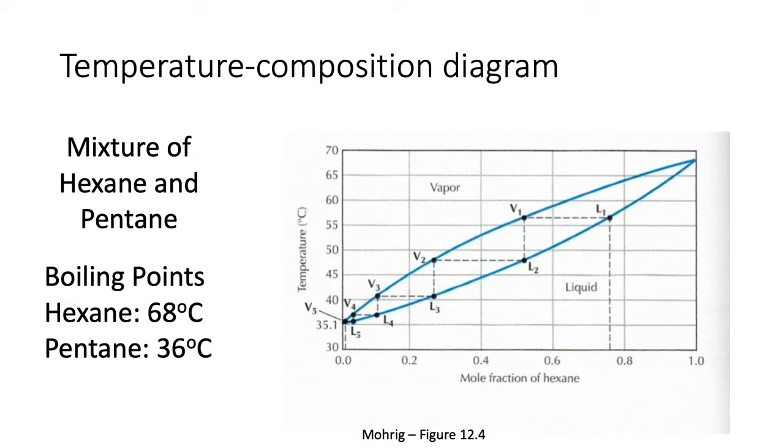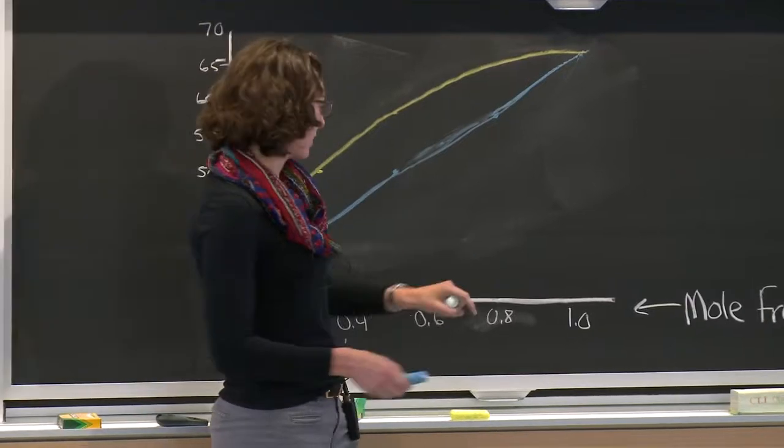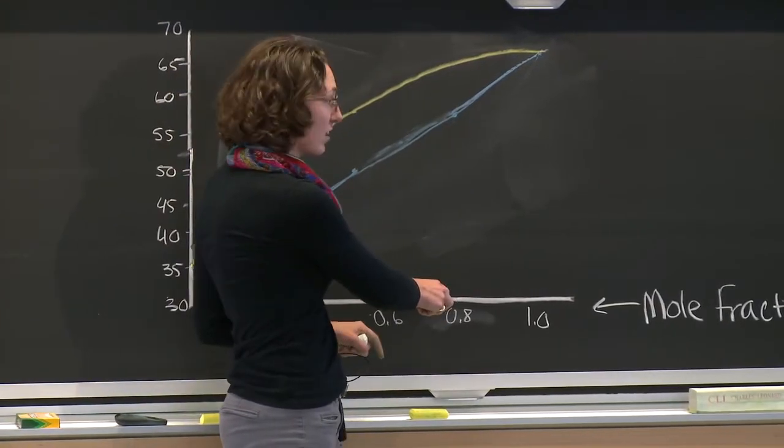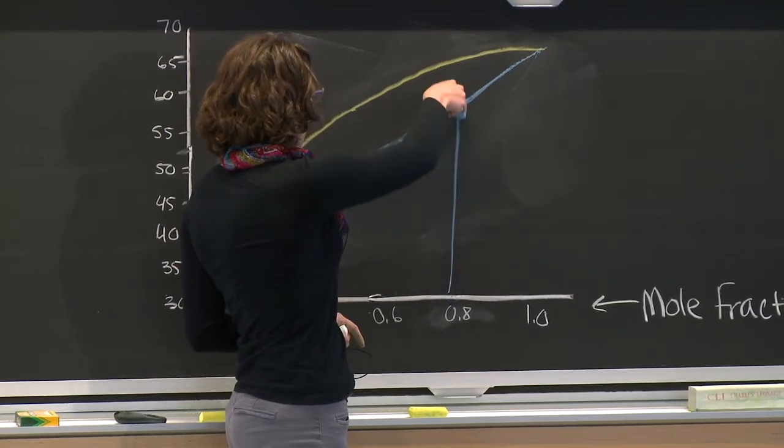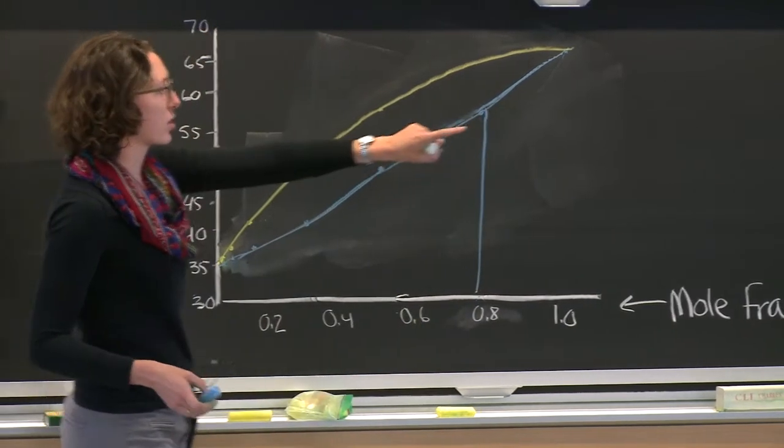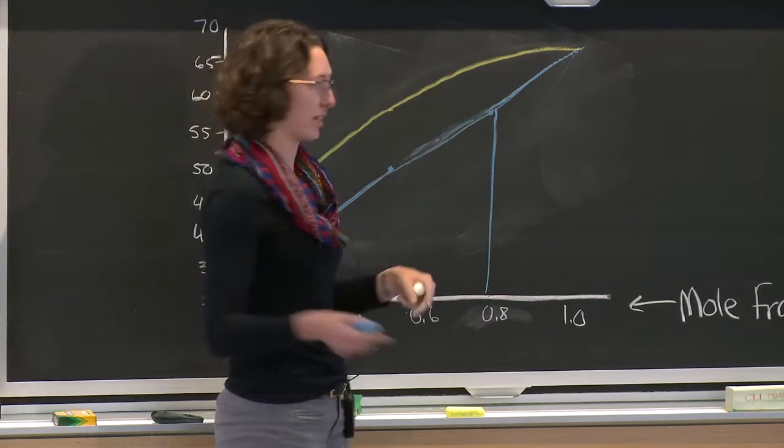So if you have a mixture of hexane and pentane, this is just a theoretical situation. The boiling point of hexane is 68 degrees and pentane boils at 36 degrees. We want to get pure pentane, which is our lower boiling point compound. If we start out with a mixture that's about 75% hexane, and we vaporize it, then the boiling point of that liquid will be closer to the boiling point of hexane because there's more hexane in it.